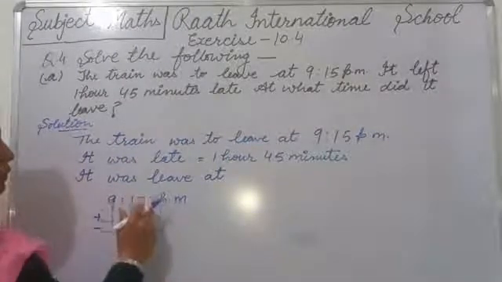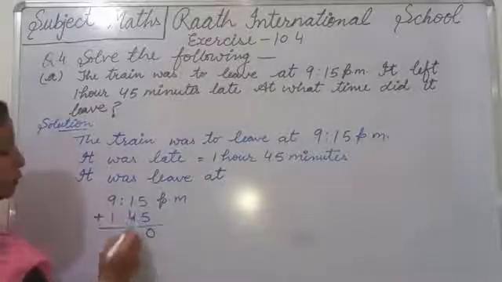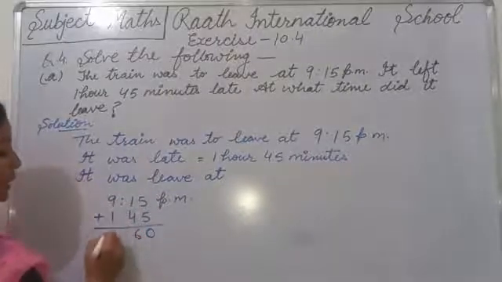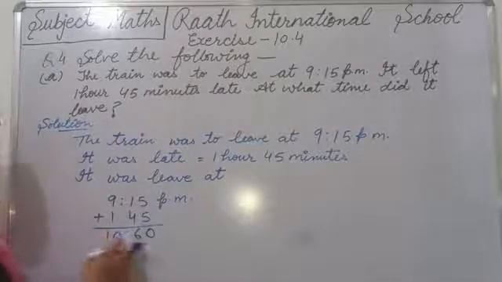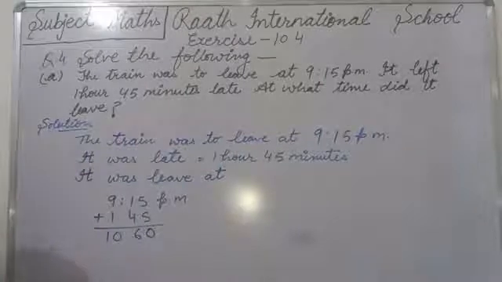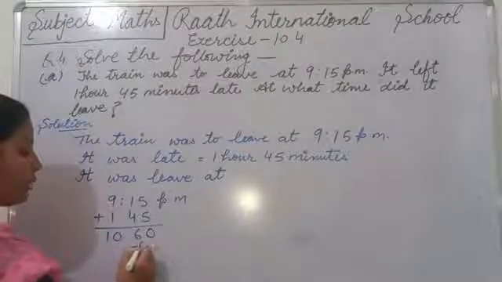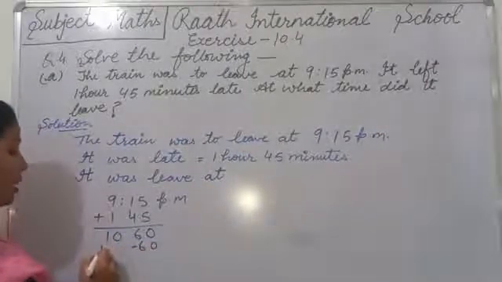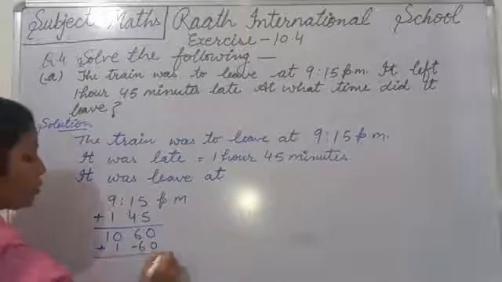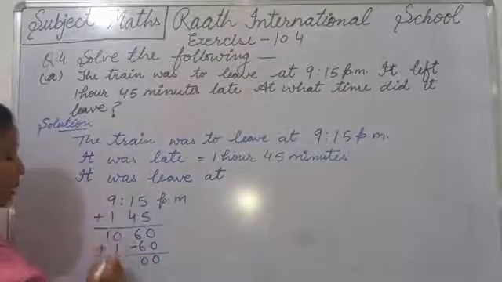Okay, so 5 plus 5 is 10, 0 and 1 goes as carry, 1 plus 1 is 2, plus 4 is 6, and there is 9 plus 1 is 10. Now we can see that there is 60 minutes, and whenever we have 60 or more than 60, we give 1 carry to the hour. Okay, so now minus 60 from the minutes and we will add 1 in the hour. So 60 minus 60 is 0, and there is 10 plus 1, 11.